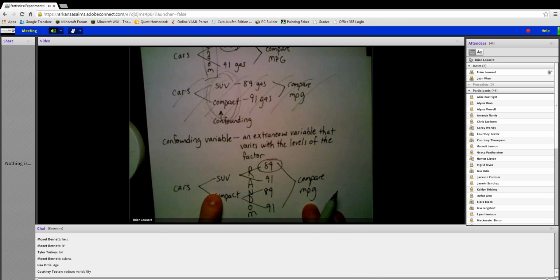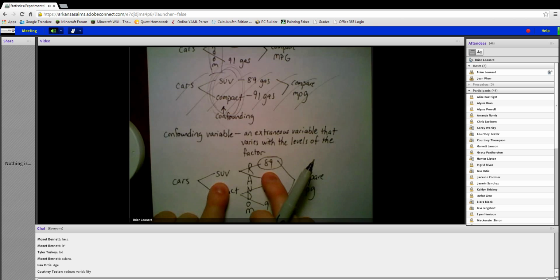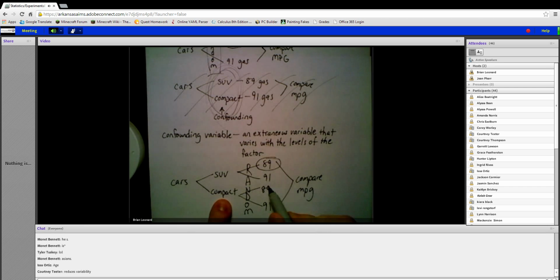Because if SUVs are really crappy when it comes to mileage, then aren't all the cars in this group going to all have crappy mileage? And all the cars in this group are going to have better mileage. The only reason we ever block is to reduce variability. So you've got to choose a variable that makes sense.